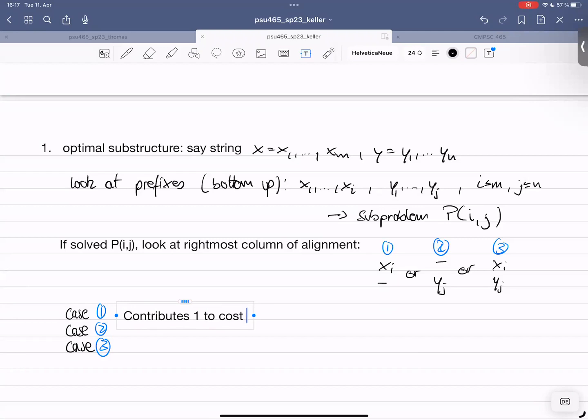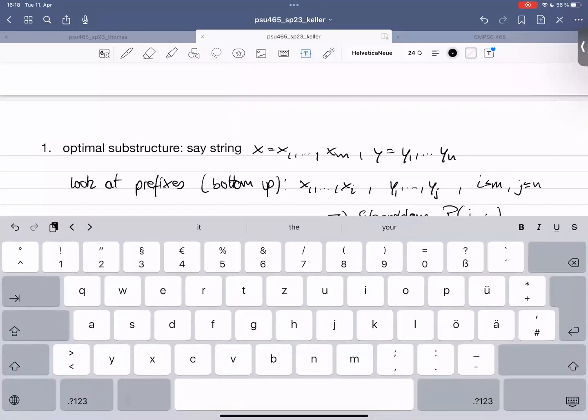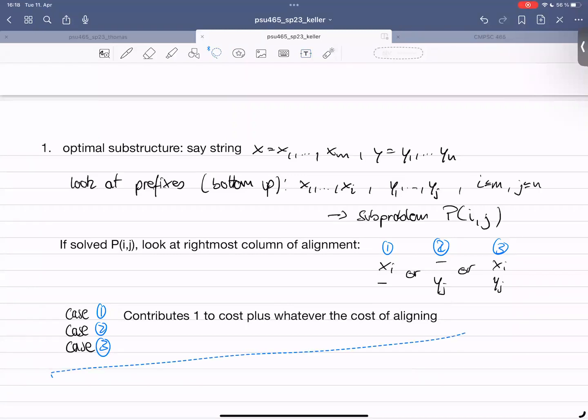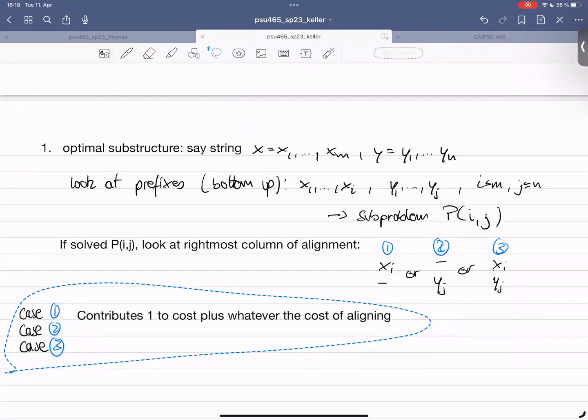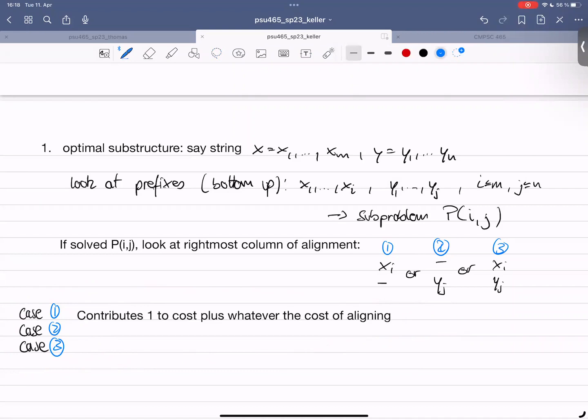So it's a penalty of 1 plus whatever the cost of aligning the two prefixes, x1 to xi minus 1 and y1 through yj.